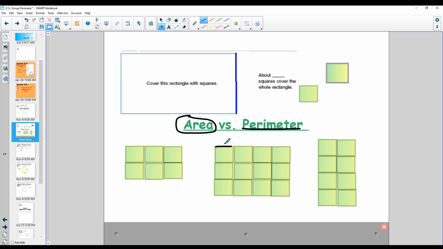Like here's 1, 2, 3, 4, 5, 6, 7, 8, 9, 10, 11, 12, 13, 14. The perimeter of this shape would be 14. The area, which we're going to talk about tomorrow, is the inside, where we would count the squares. But today we're focusing on the perimeter, which is around the outside of a shape.